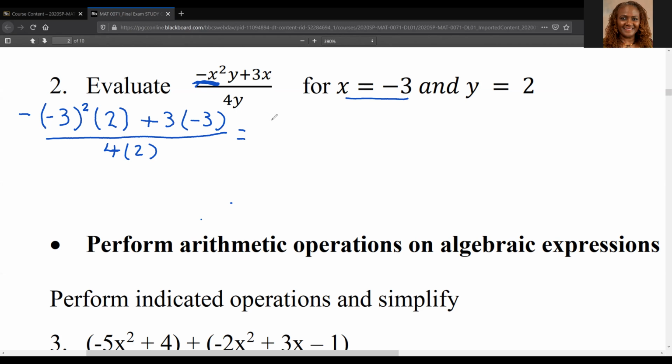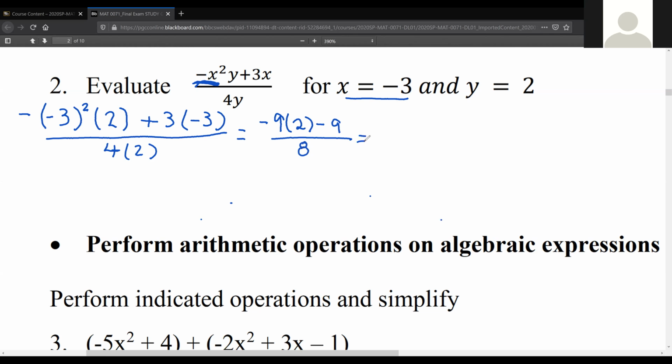So if we evaluate this, we have -3 squared is 9. So that's still going to be a -9 there. And that's times 2. And I'll just go on and take the extra step. And then you have 3 times -3. That's a -9. And this is divided by 8.